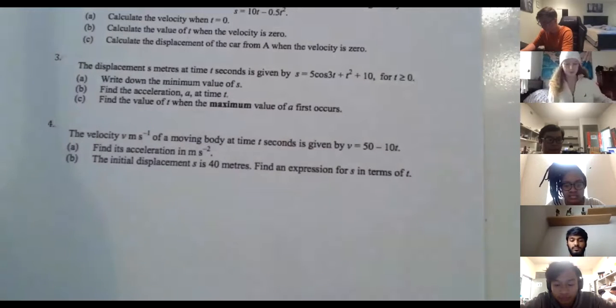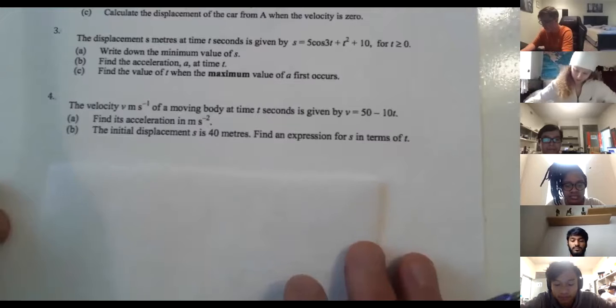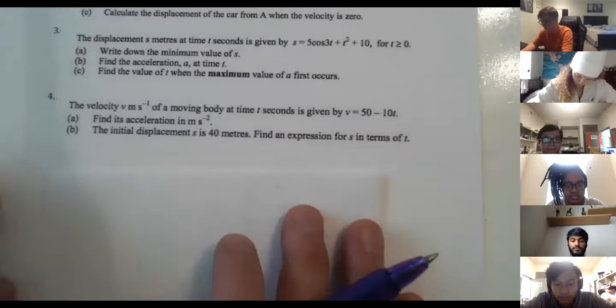So I want to start with problem number 4, the last problem. And the reason why is because it's a little bit different than what we have done up to this point.